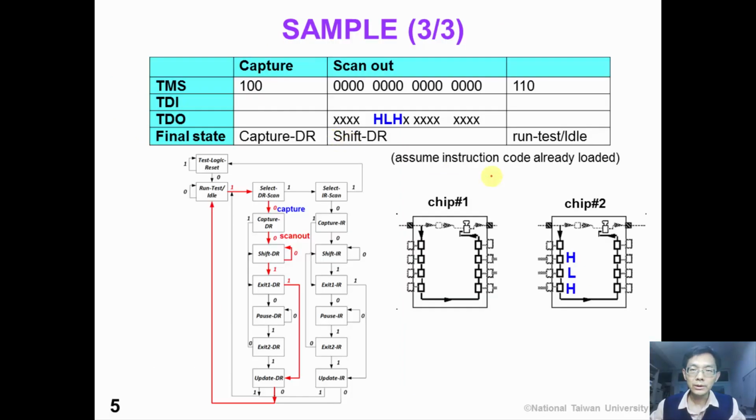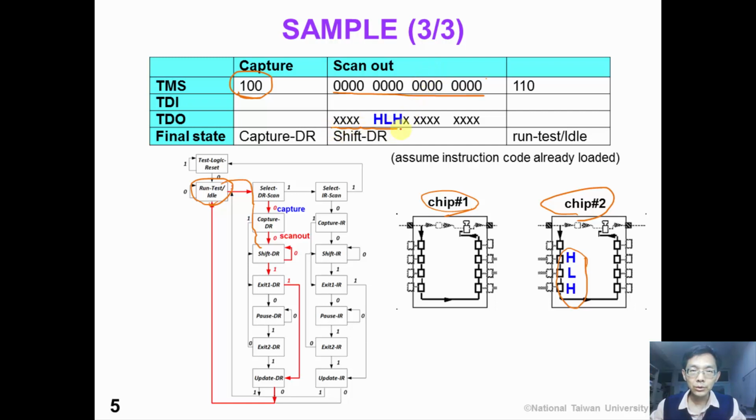So for example, suppose we have two chips on this board, and we want to observe the value here. So now, starting from the run test idle state, we apply the TMS sequence of 1, 0, 0, followed by 16 zeros in TMS.